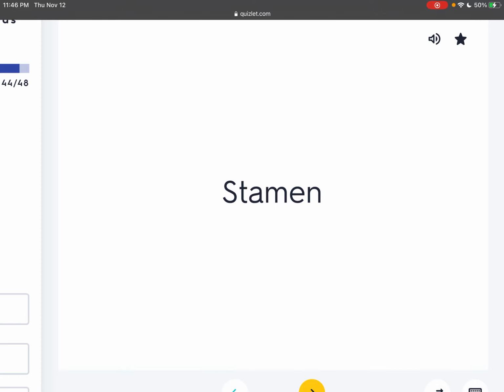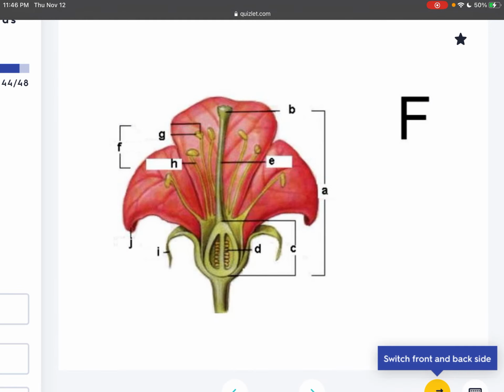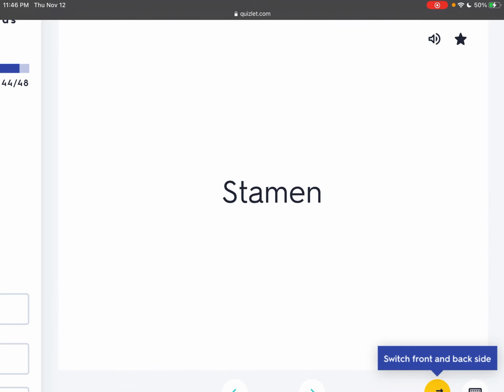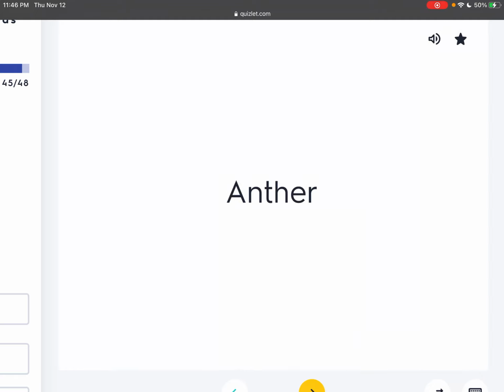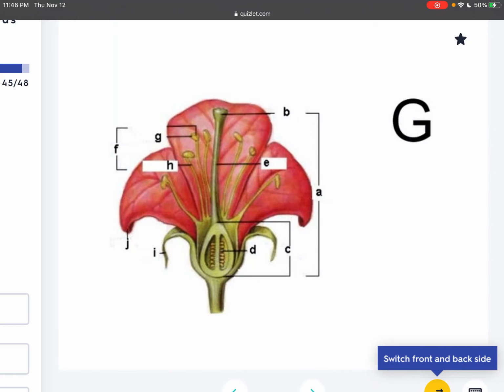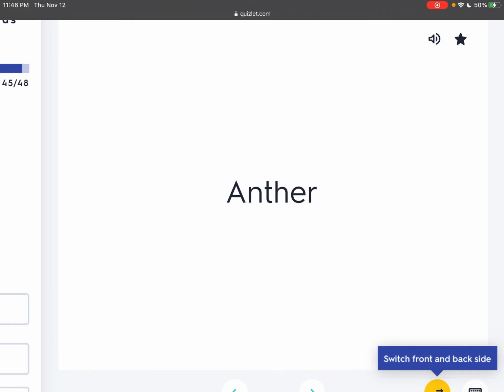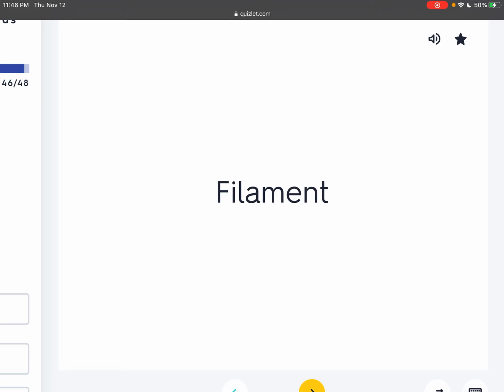Stamen. The answer is F. Anther. The answer is G. Filament.